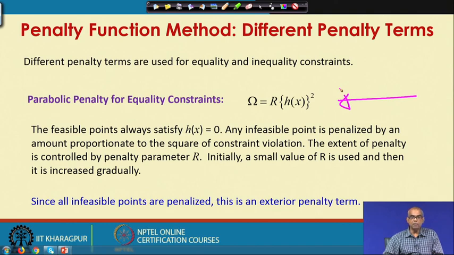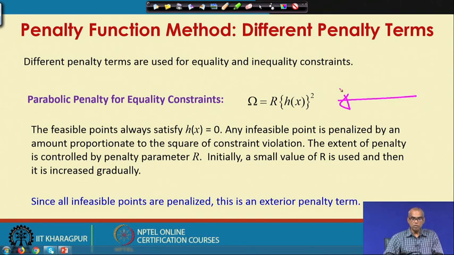So, the parabolic penalty term is nothing but the penalty parameter r into the square of h. h is the equality constraint. So, the parabolic penalty term for equality constraint is r into h of x squared.